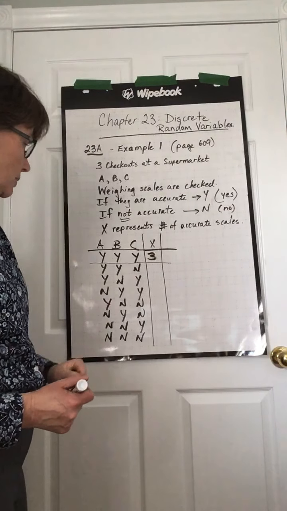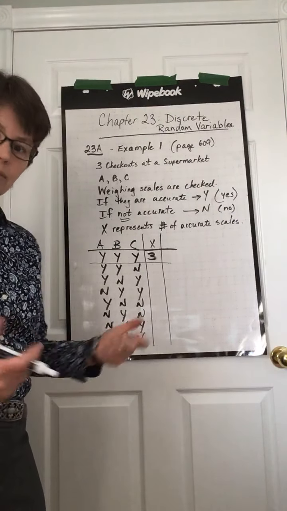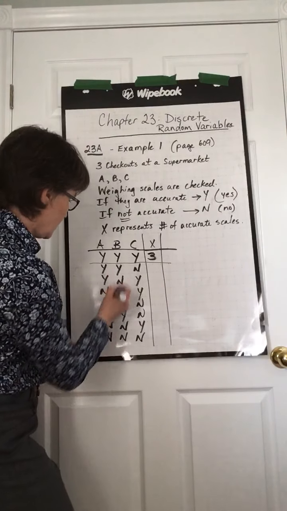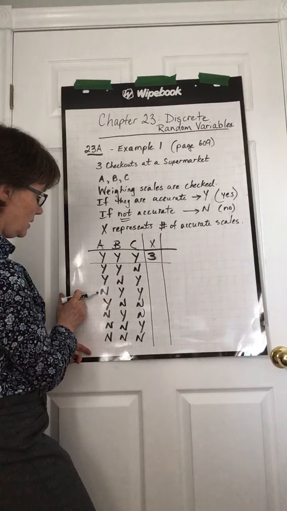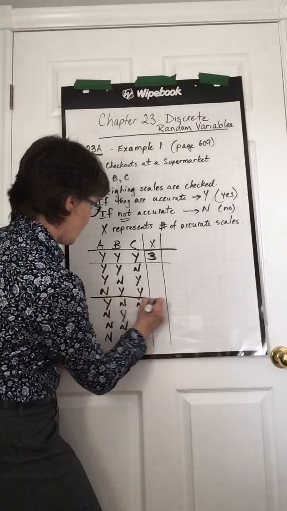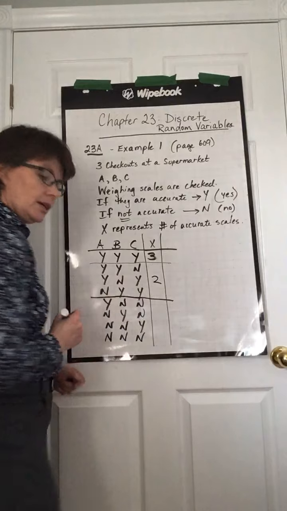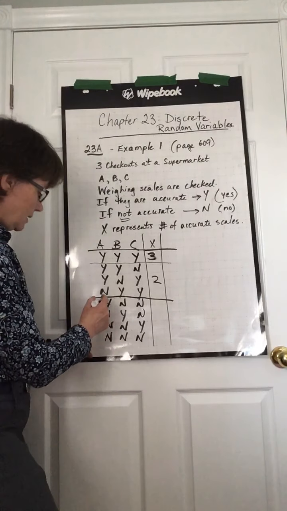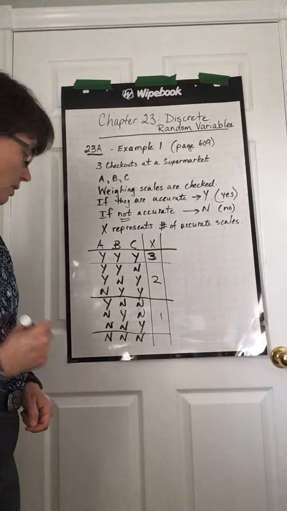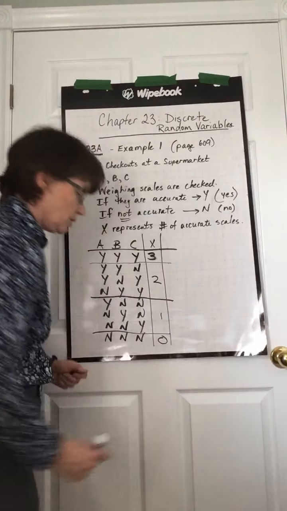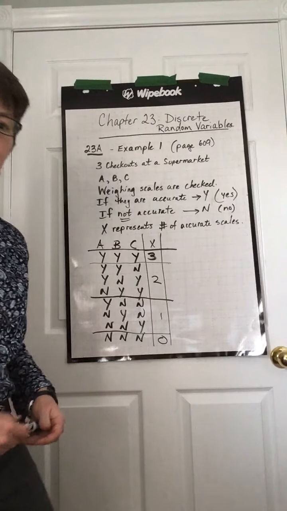So in this first situation, random variable X is equal to 3. Here, X is equal to 2, here 2, and here 2. So in all 3 of these situations, X is equal to 2. In all 3 of these situations, X is equal to 1, and in this one situation, X is equal to 0.